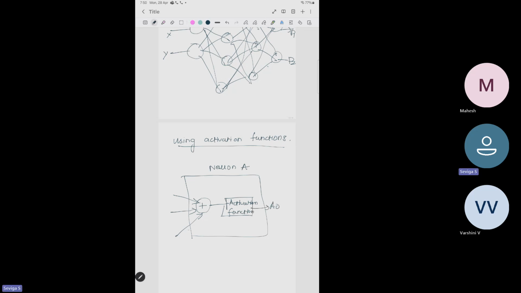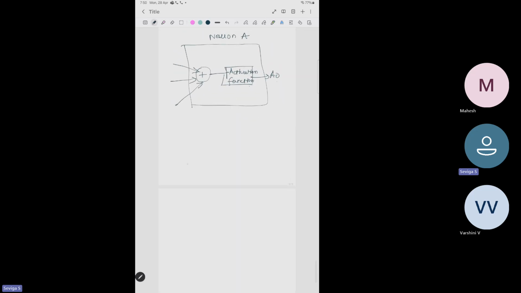In the feed forward connection, it gets the input from the previous layer, it gets added up, and then it is passed on to the activation function. After the activation function, we get the output. Let's imagine that we have a sigmoid function.